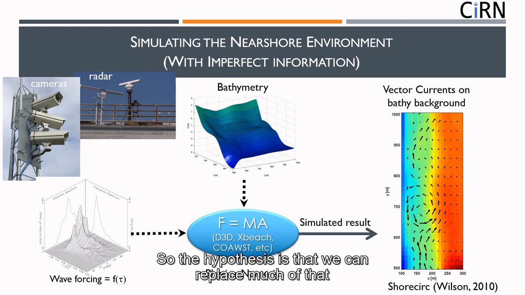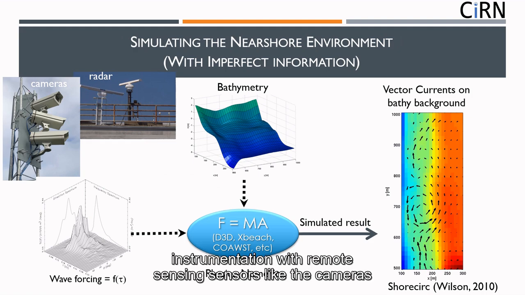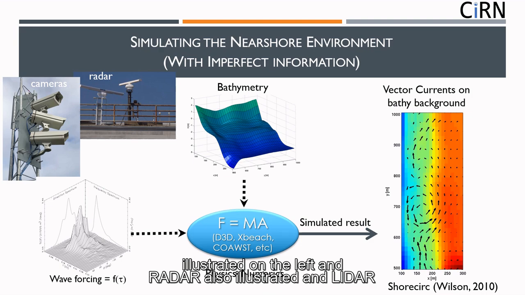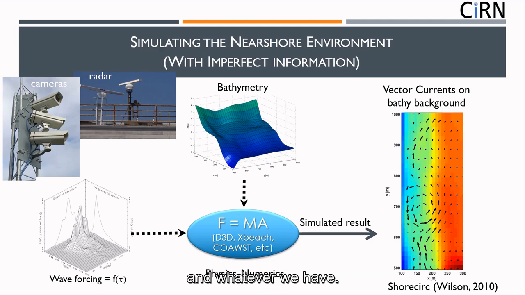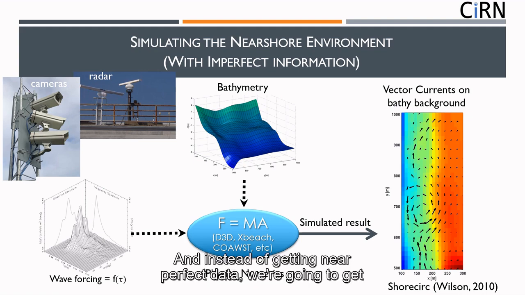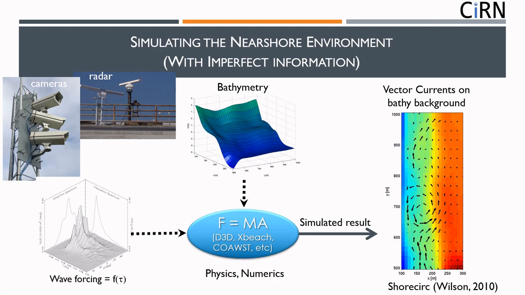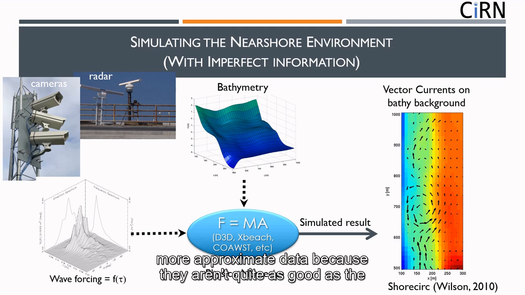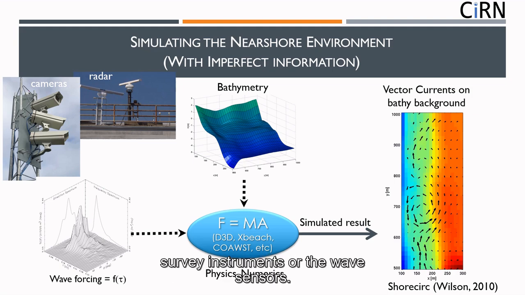So the hypothesis is that we can replace much of that instrumentation with remote sensing sensors, like the cameras illustrated on the left, and radar also illustrated, and LiDAR, and whatever we have. And instead of getting near perfect data, we're going to get more approximate data because they aren't quite as good as the survey instruments or the wave sensors.